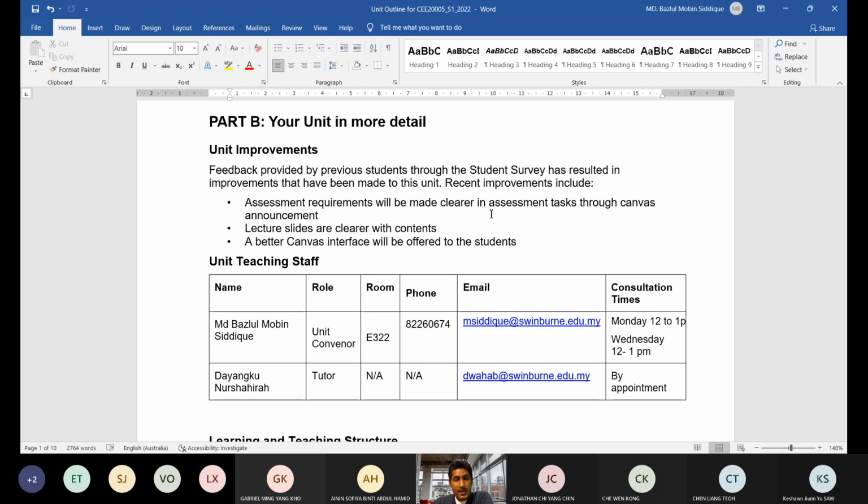Yeah. So if I have forgotten to update Canvas, please remind me. Email me to this email, and if I do not reply or do not amend those things on Canvas, email me once again. There is no problem. Don't be scared to email me.